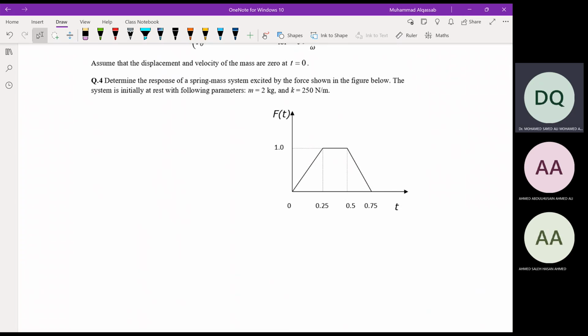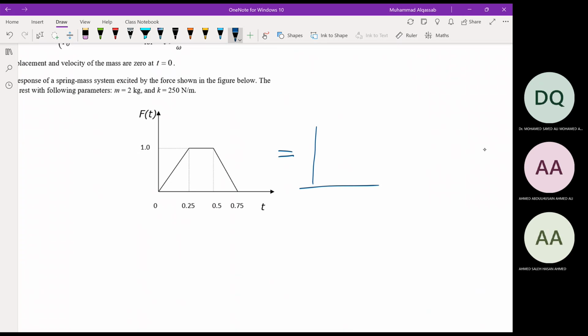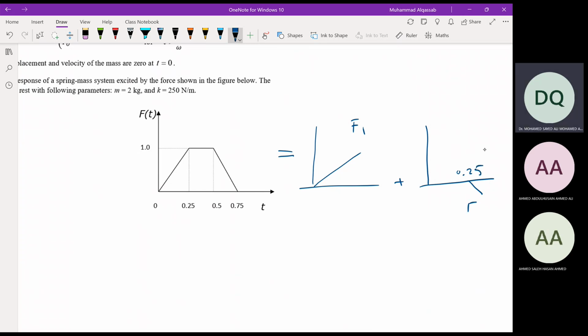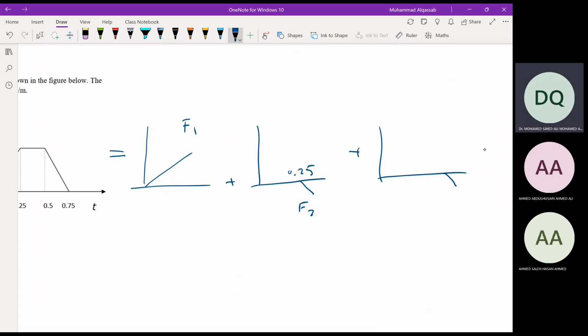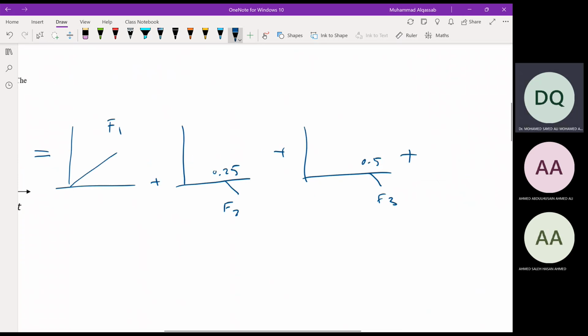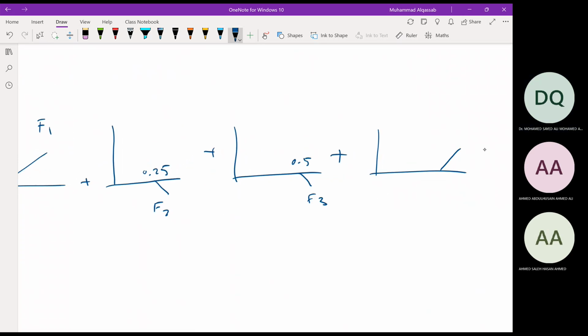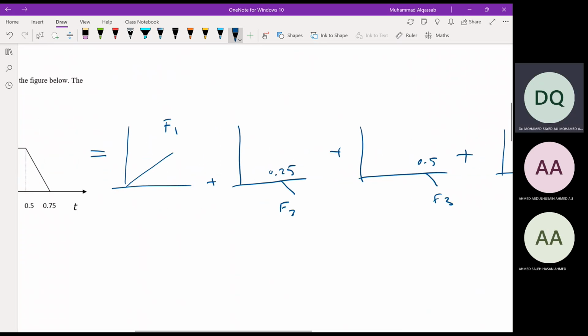Here we have a ramp and then constant, then a negative ramp. So what you need to do is write this pulse as a ramp, and you call it F1, plus a negative ramp at 0.25, which you call F2, and a negative ramp at 0.5, which you call F3, plus a positive ramp at 0.75.